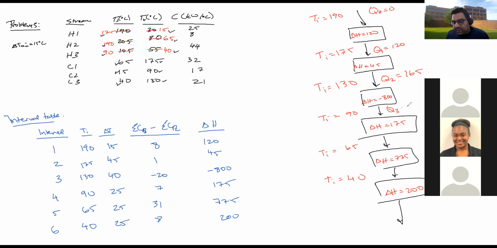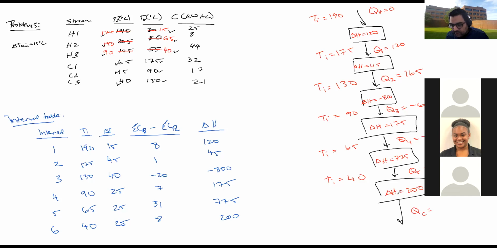My Q3 will be 165 minus 800, which is minus 635. My Q4 will be minus 635 plus 175, which is minus 460. Q5, minus 460 plus 775, is 315.